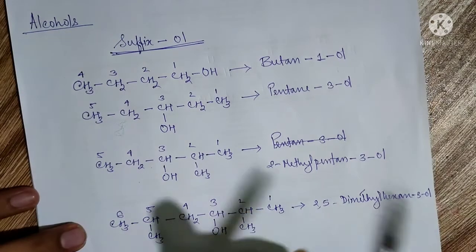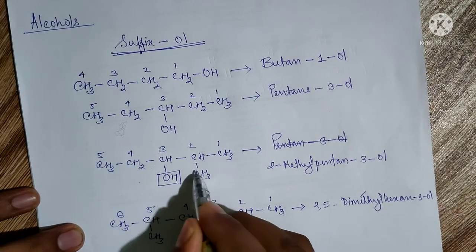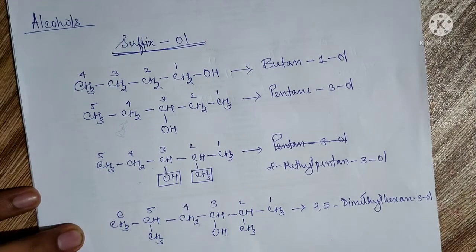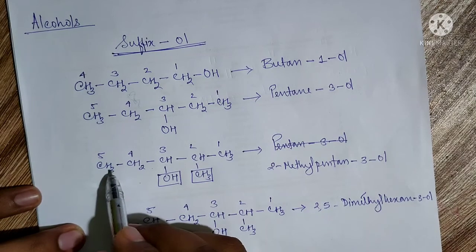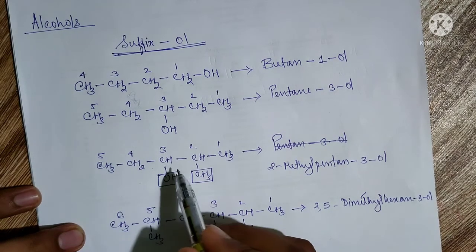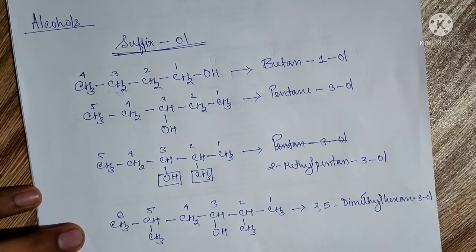Okay, now let us consider the third example. In this case there is a functional group as well as a substituent. This is the functional group, this is the substituent. As I have told you earlier, if functional groups are present then priority is always given to the functional group. So counting is done in such a way that the functional group gets the lowest possible position.